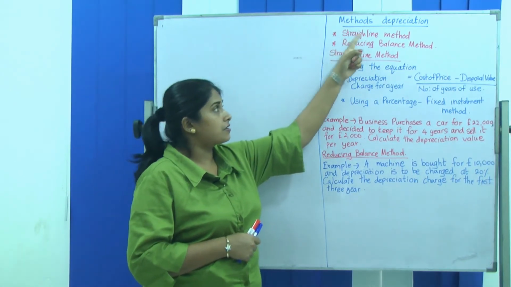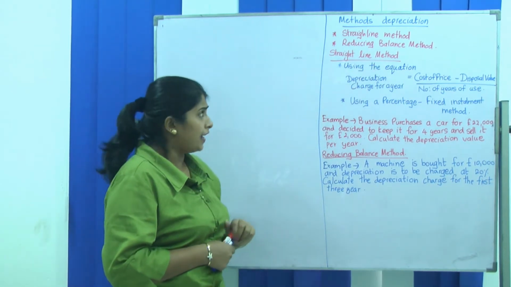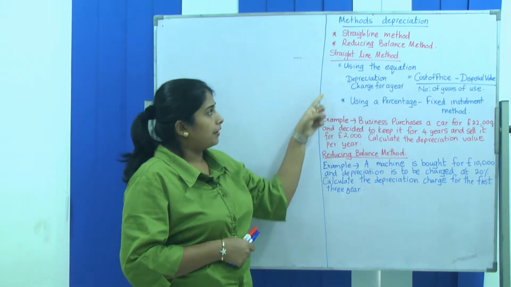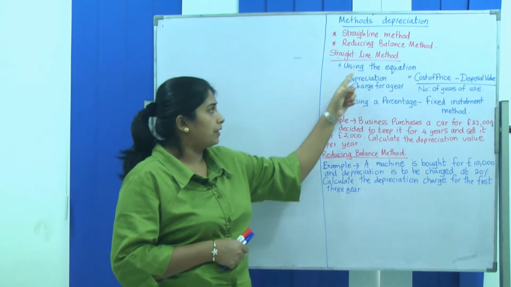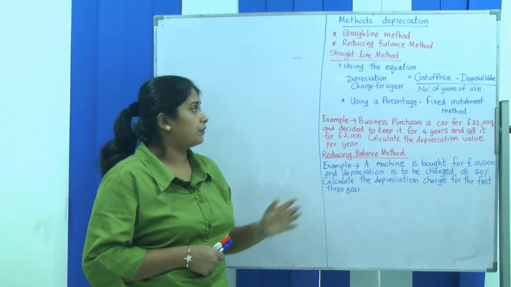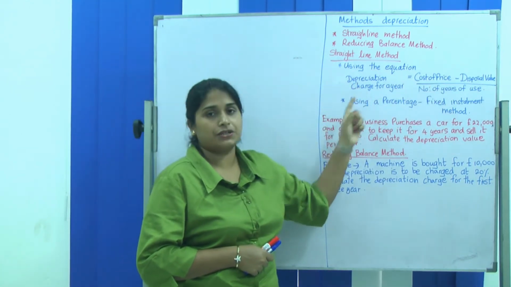The first method is the straight line method. The other method is the reducing balance method. First we'll look at the straight line method. There are two ways to calculate the straight line method. The first is a specific equation where you substitute different values and calculate the depreciation charge for the year.